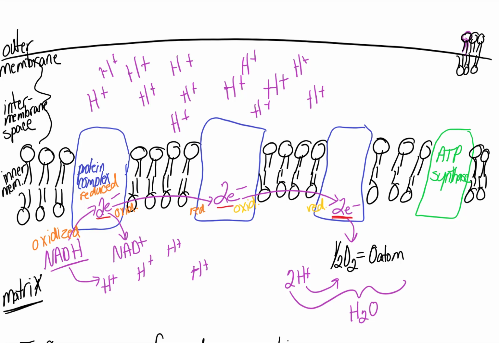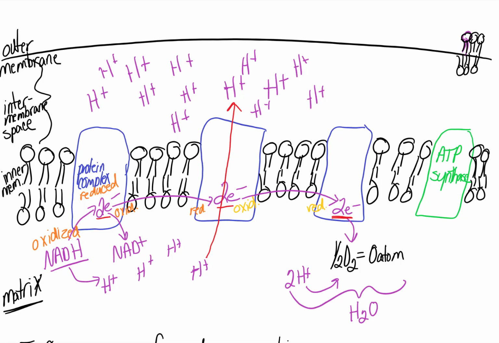The energy is going to be used to transport these hydrogen ions against their concentration gradient, from a low concentration in the matrix to an area of high concentration in the intermembrane space. And this is a form of active transport. We are moving hydrogen ions against their concentration gradient, so we are going to need energy for that, and that energy is going to be provided from the movement of these electrons down the electron transport chain.